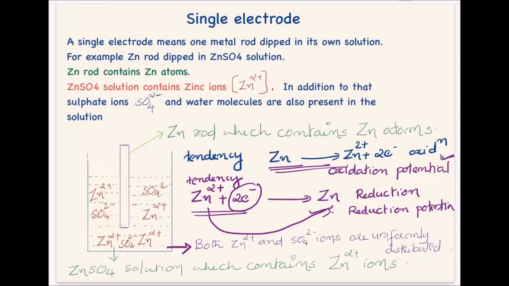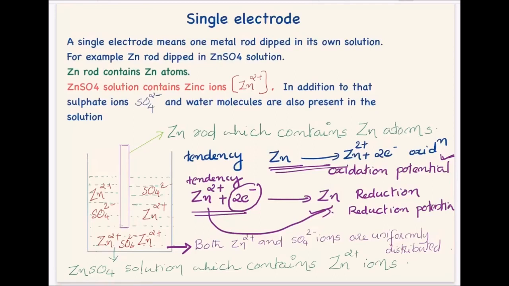So how many potentials are there? Two potentials. One is oxidation potential, one is reduction potential. Will either of these reactions happen at a faster rate? No. If the first one is to happen, then somebody should accept 2 electrons. If the second one is to occur, then somebody should donate 2 electrons. So both of these won't happen.